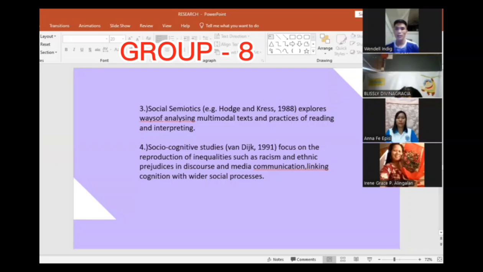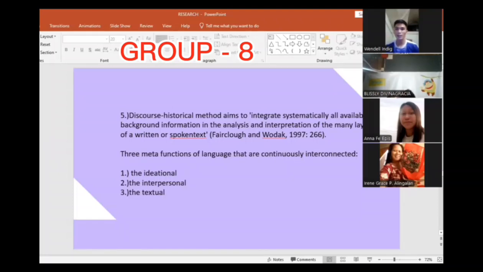For socio-cognitive studies, Van Dijk in 1991 focused on the reproduction of inequalities such as racism, ethnicity, and prejudice in discourse and media communication, linking cognition with wider social processes. The discourse historical method aims to integrate systematically all available interpretation of the many layers of written or spoken text.